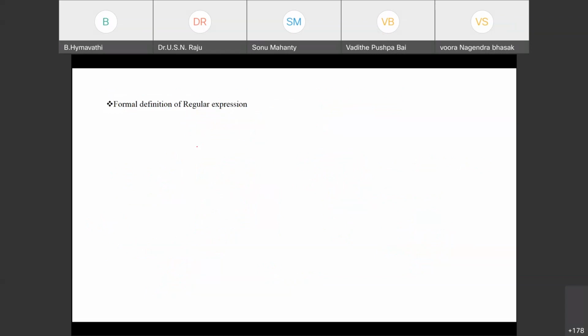Okay. Now we'll see what is the formal definition of this regular expression. I think you have studied it already. Any idea about the formal definition? Okay. Anyhow, I'll show. Phi is a regular expression.